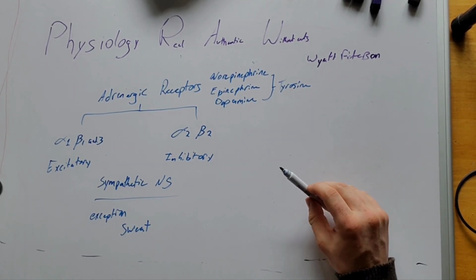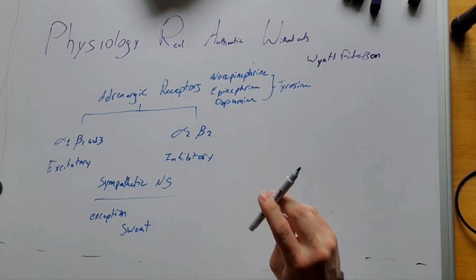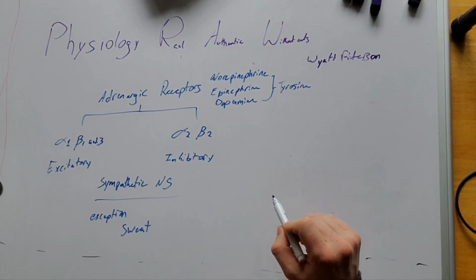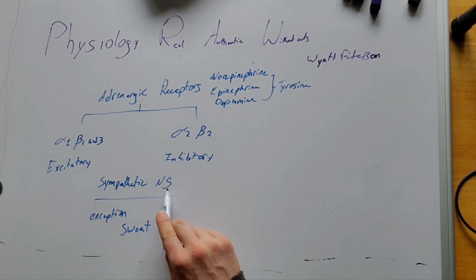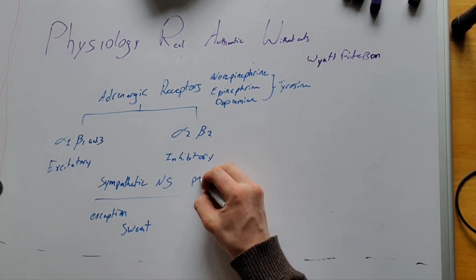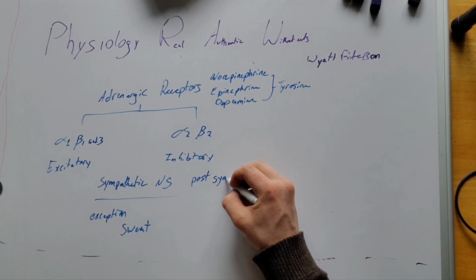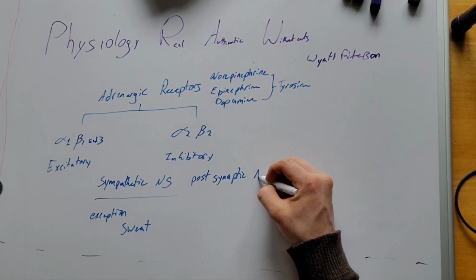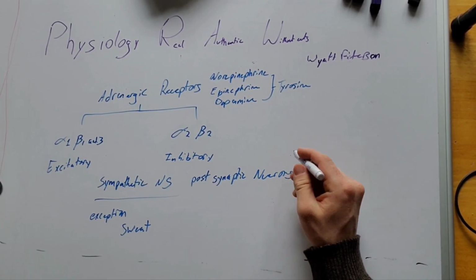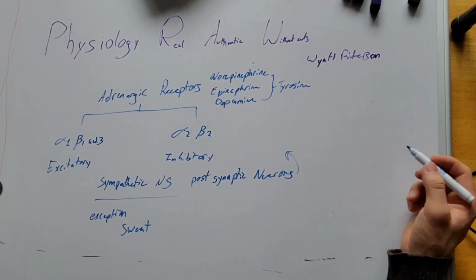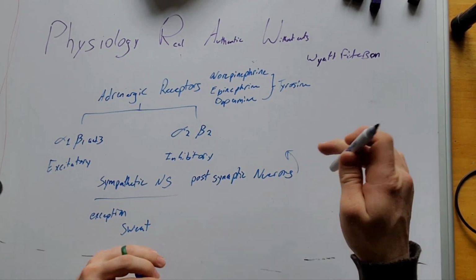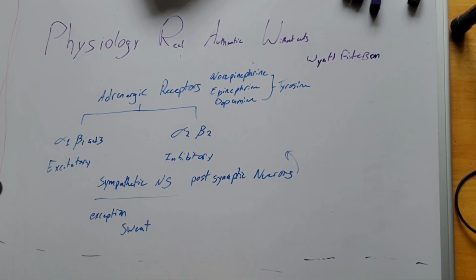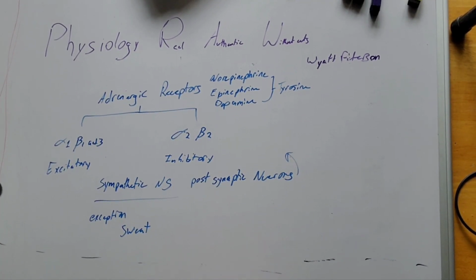The sweat gland postsynaptic neuron doesn't release these, while the sympathetic postsynaptic neurons do release this. Yeah, except for the sweat glands. They're still part of the sympathetic, but they release acetylcholine instead. So make sure you remember that one.